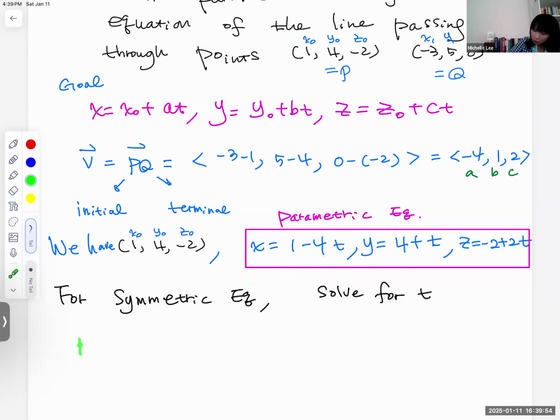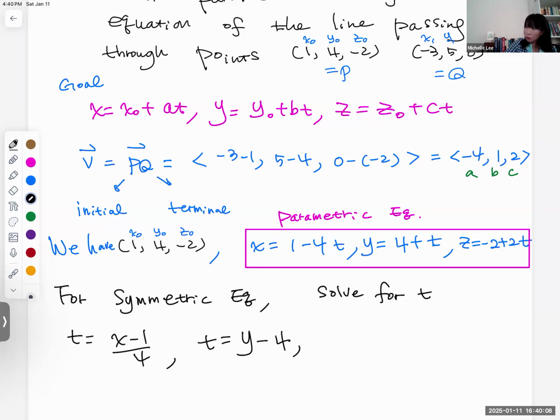So we have t equal to (x minus 1)/(-4). Second one, t equal to y minus 4. And the last one, t equal to (z plus 2)/2.